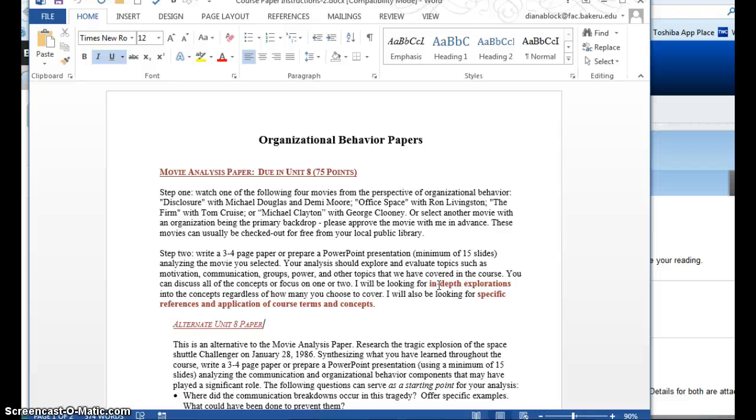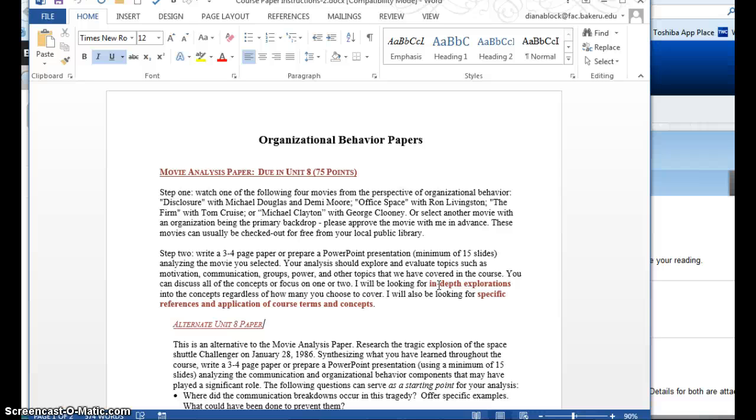So just saying that this person in this movie was a good leader, that doesn't give me any information that tells me that you've done any studying in the class. If you're going to talk about a leader, you're going to have to tell me what type of leadership he displays. Is he a charismatic leader? Is he a structured leader? What is his leadership style?